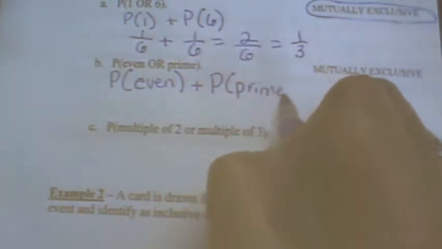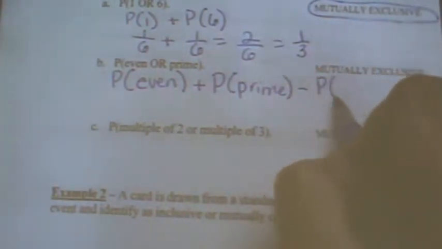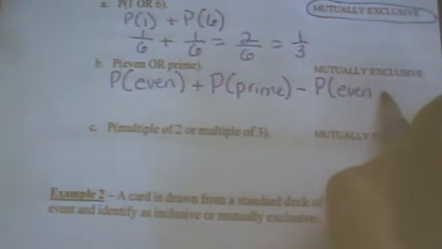The number 2 is even and prime. So this one's not mutually exclusive. Believe it or not, it's inclusive. You just gotta think. So if it's inclusive, this is the formula you're gonna use: the probability of it being even plus the probability of it being prime minus the probability of even and prime.